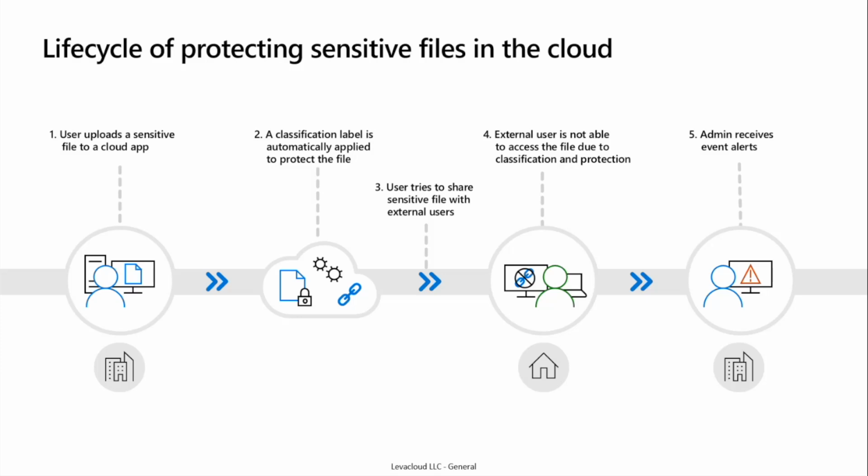And then, in this instance here, the user tries to share the sensitive file with an external user. That just doesn't work because it was classified as highly confidential, and only certain privileged people within the organization are allowed to view it. And because that event happened, the admin team receives an alert.